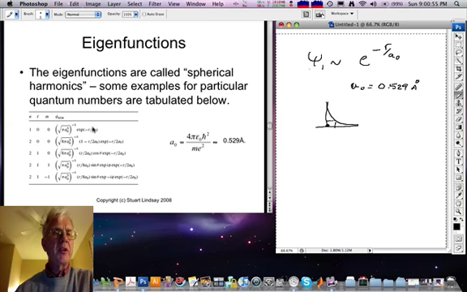The wave functions get more complicated as one goes to higher quantum numbers. Here the principal quantum number is increasing. When we bring in L, we start to see a dependence on theta, and when we bring in m, we start to see a dependence on phi.